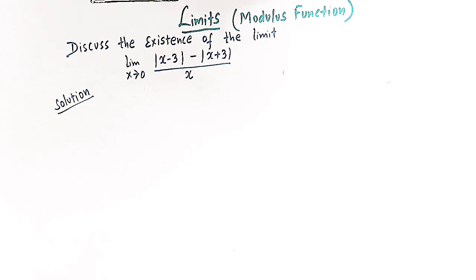Let us first see the definition of the mod function, and then we'll calculate separately the right hand limit and the left hand limit when x tends to 0.